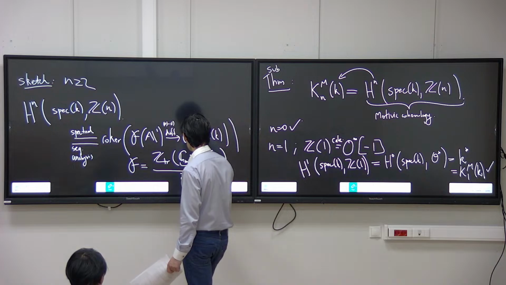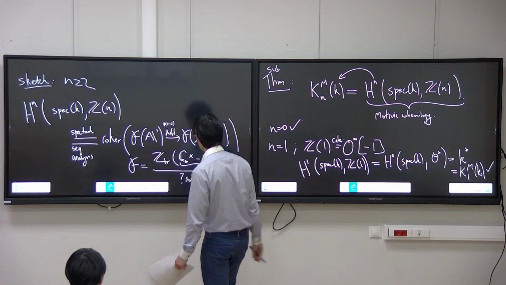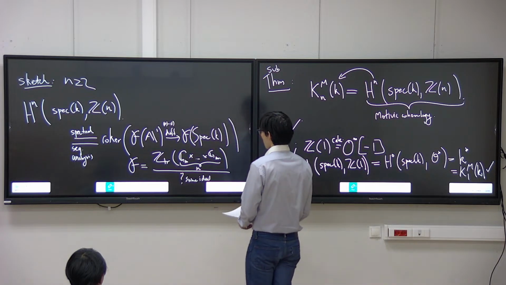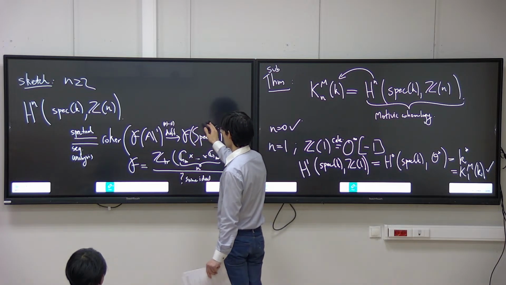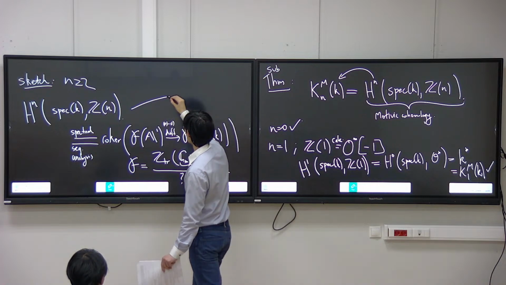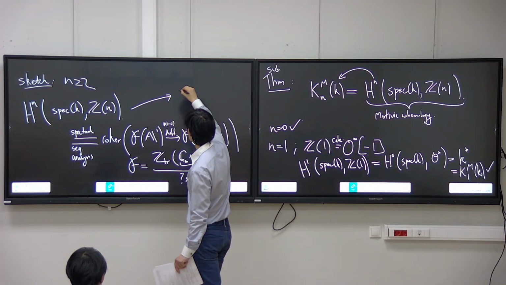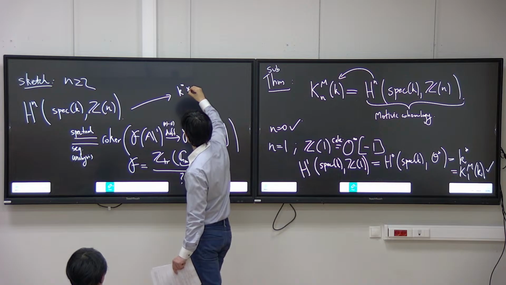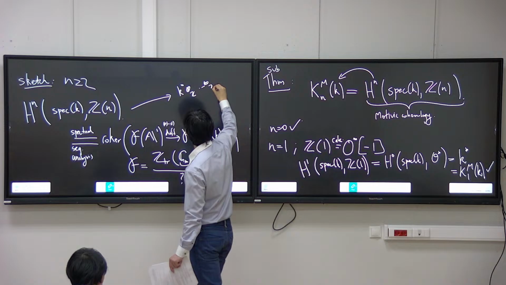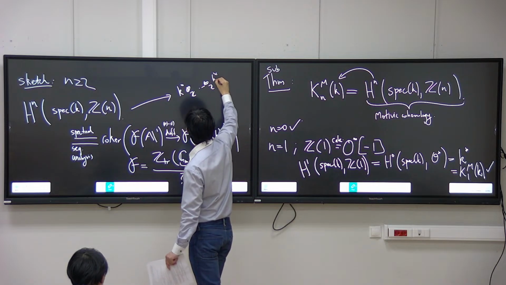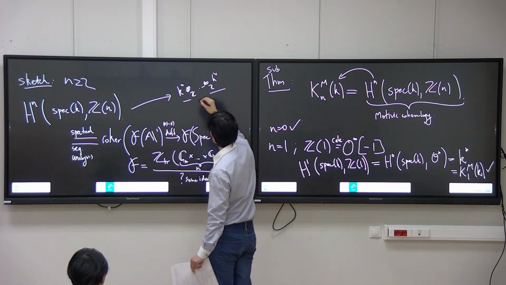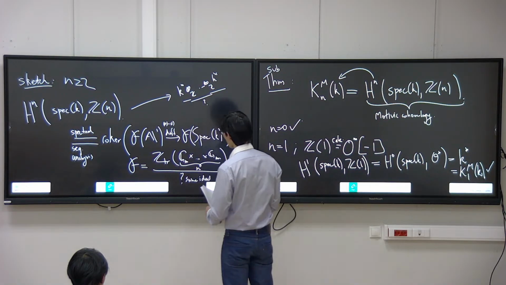Then basically to construct a map from here to the Milnor K group, which is roughly this K star quotiented out by some ideal, it now becomes possible.